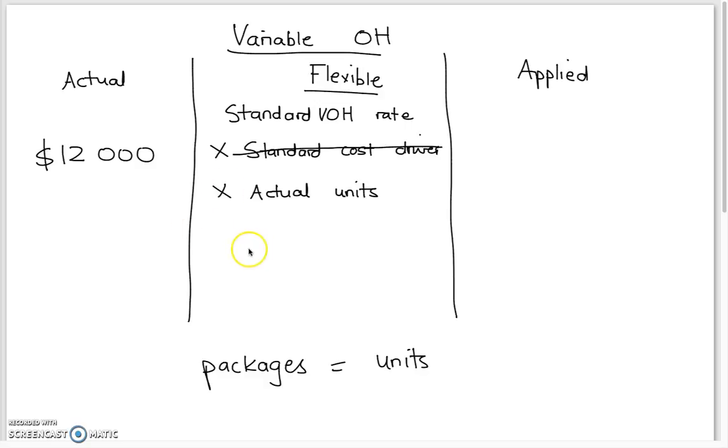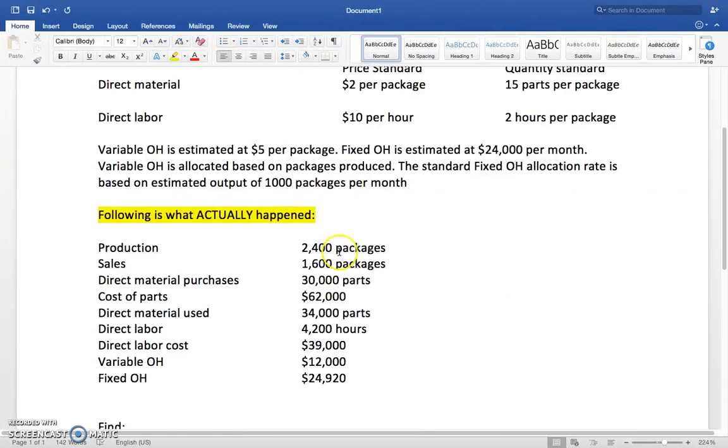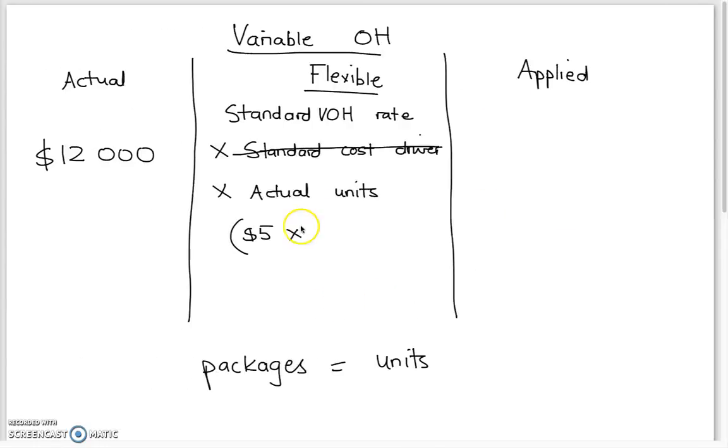So in this question specifically, I'm going to take my $5 and multiply it by my actual level of activity, which is 2,400 packages. So 2,400. Again, since packages equals units, there is no cost driver. You just skip directly. Your actual units and your standard cost driver are the same thing. So I'm going to multiply these two. That should come out to, just a second.